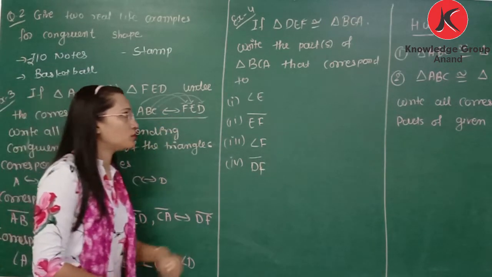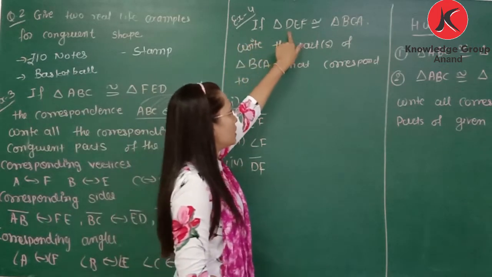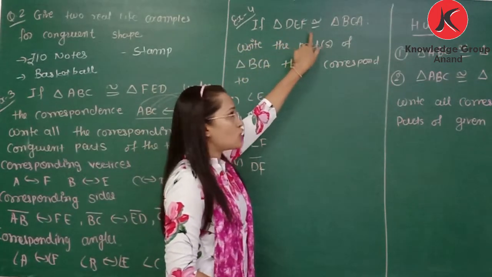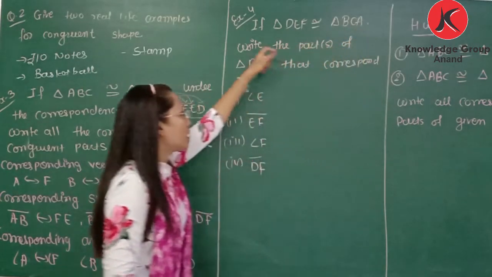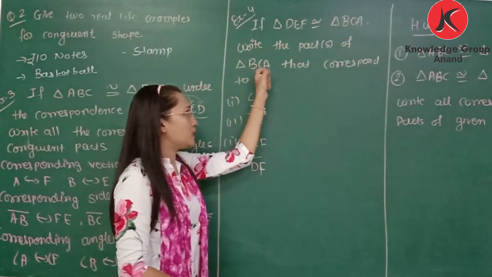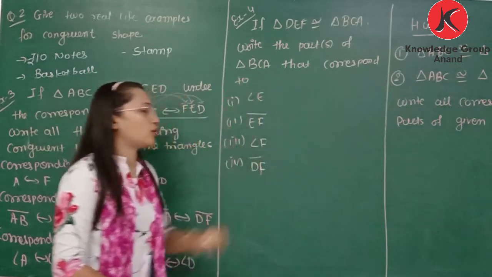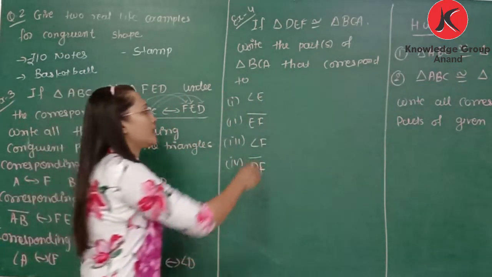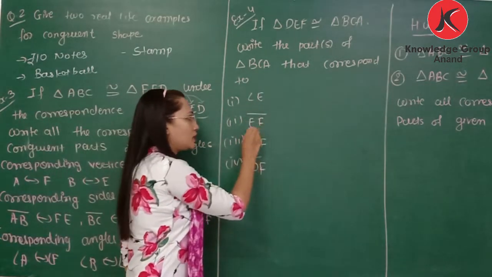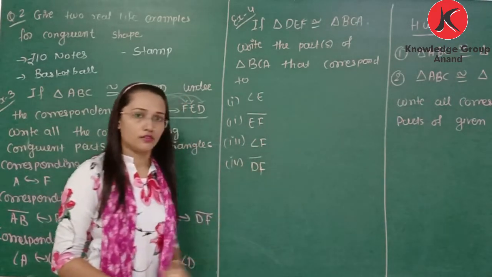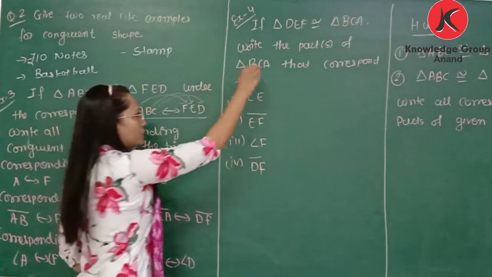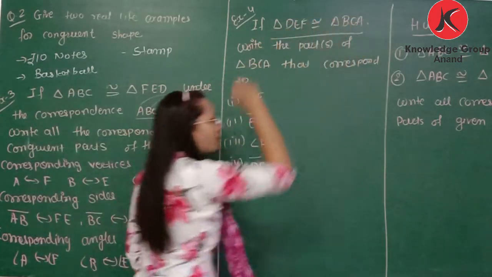Now question number 4. If triangle DEF is congruent to triangle BCA, write the parts of triangle BCA that correspond to angle E, EF, angle F, and DF. Here the corresponding congruent parts are given.